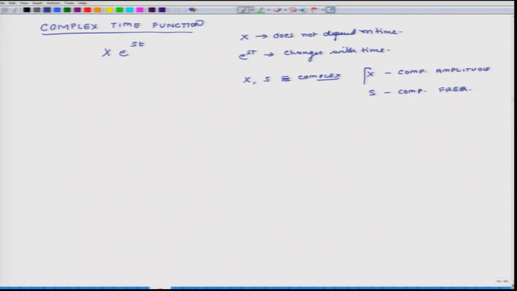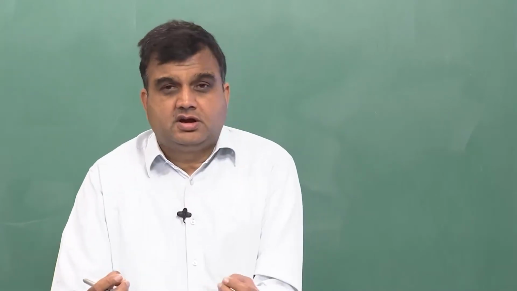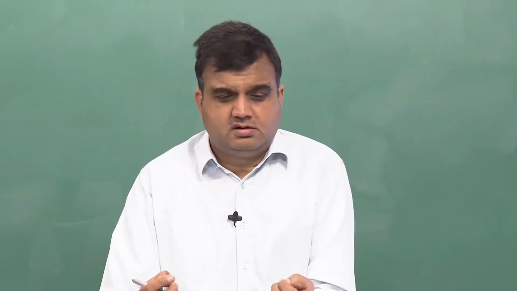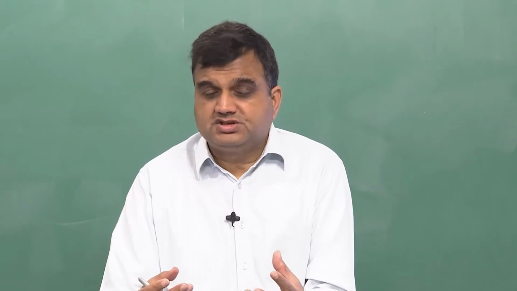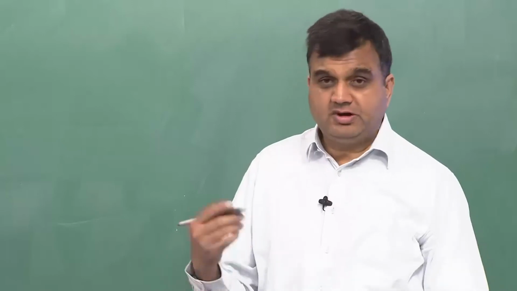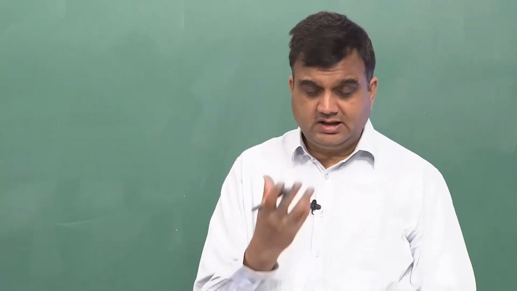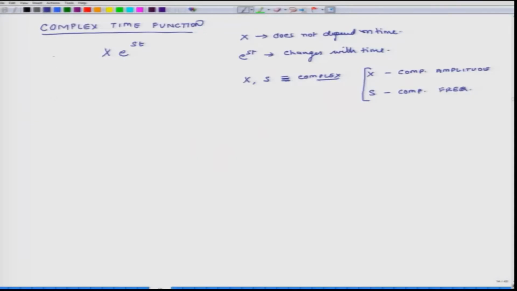Now, the x could represent anything. It could represent pressure, displacement, velocity, acceleration, whatever, but it will be a complex entity. So, whatever the physically real thing is, I will define it as small x of t is equal to real of the complex time function.